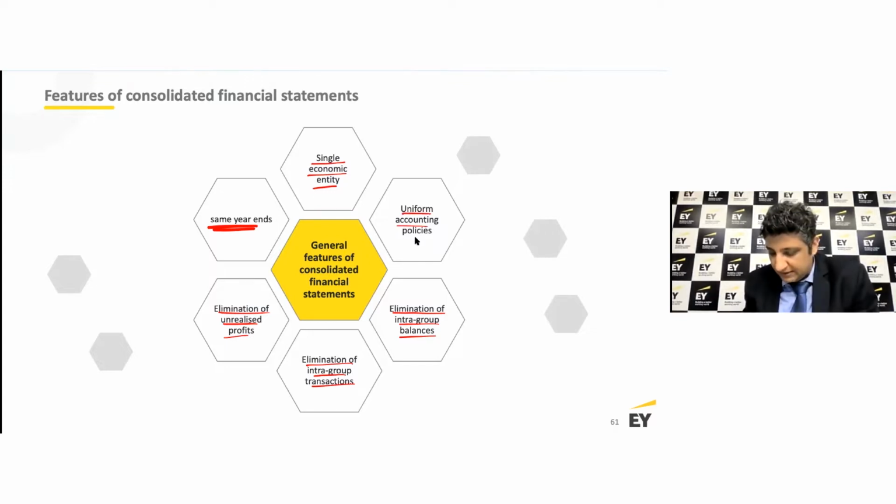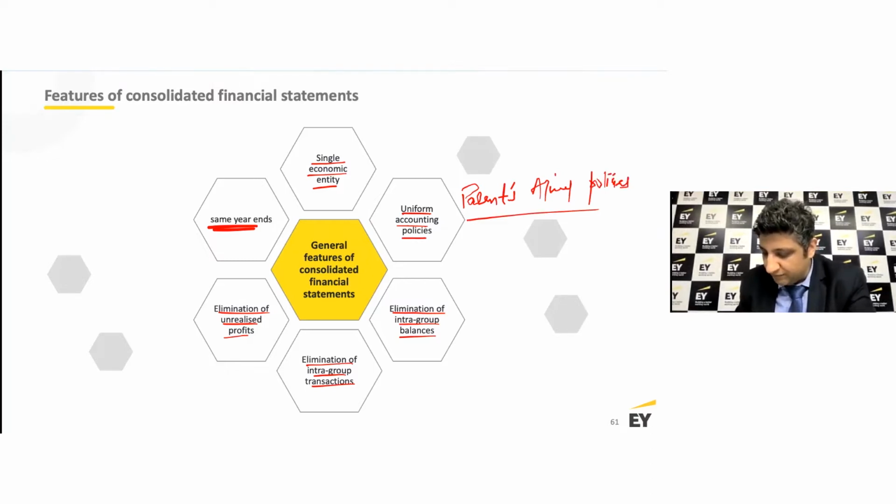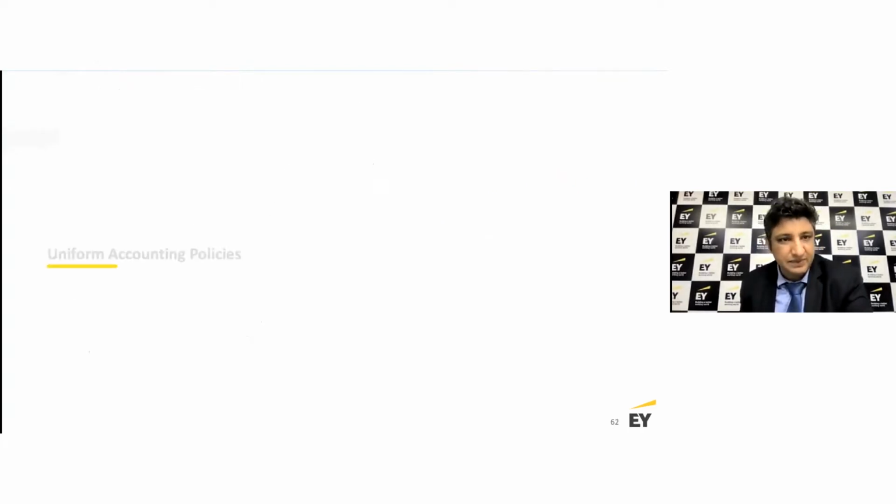Of course, the important point further is to have uniform accounting policies in place, right? Essentially, we are saying the parent's accounting policies need to be followed at the group level as well. That is the expectation, right?